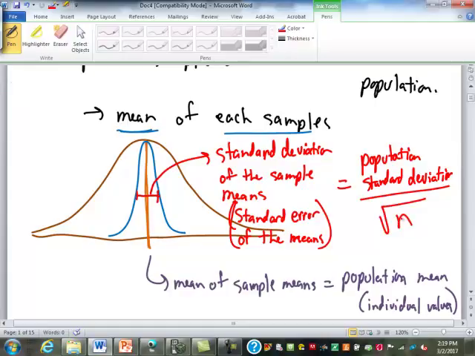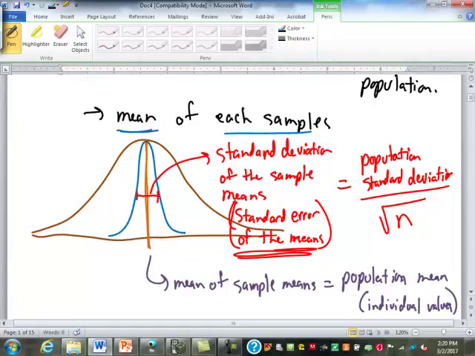So in this case, if we're doing sample sizes of 40, that would be divided by the square root of 40. So the larger the sample is, the less variation there is in those sample means, so the narrower that curve is. The larger the sample size is, the smaller this standard error, or standard deviation of the sample means, is.